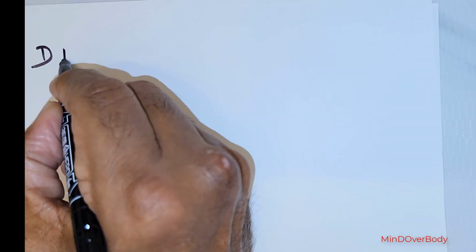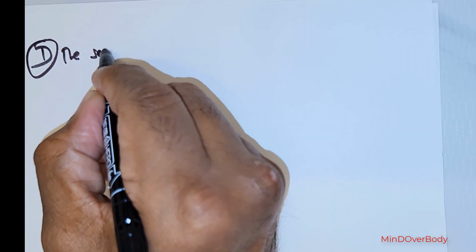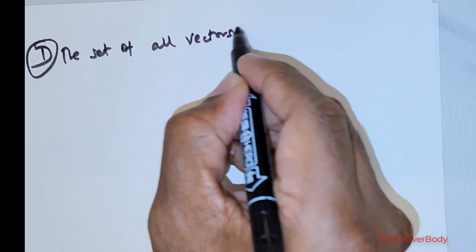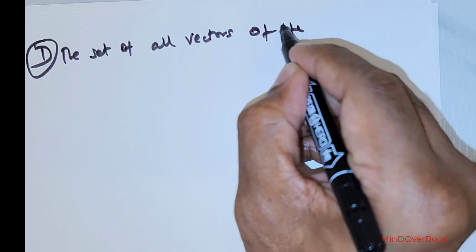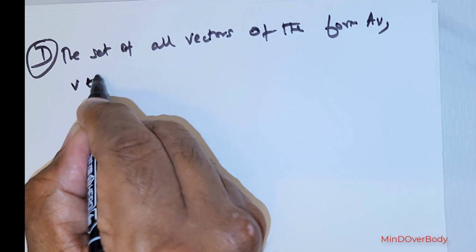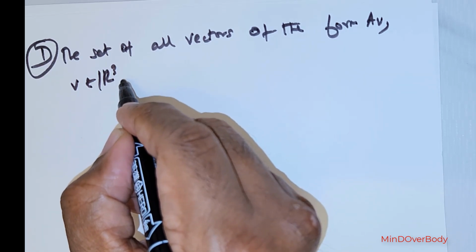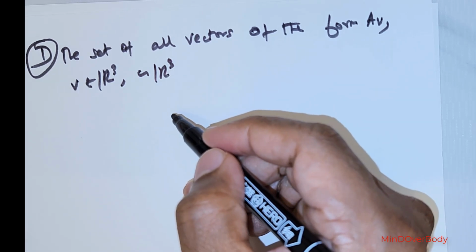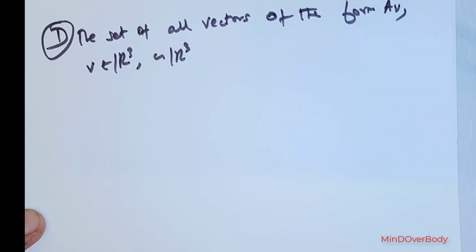Now this is statement D. It says that the set of all vectors of the form Av where v is an element of R3 is R3. Now what is the meaning of this? Can you tell me?